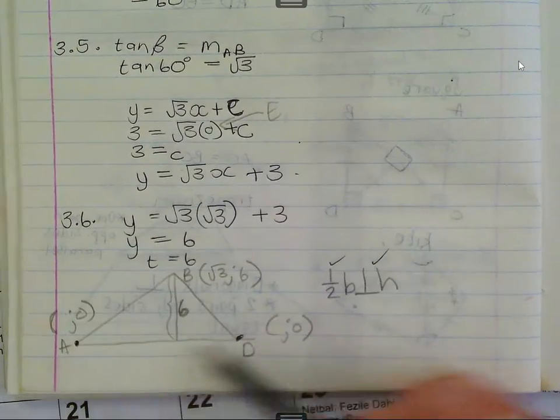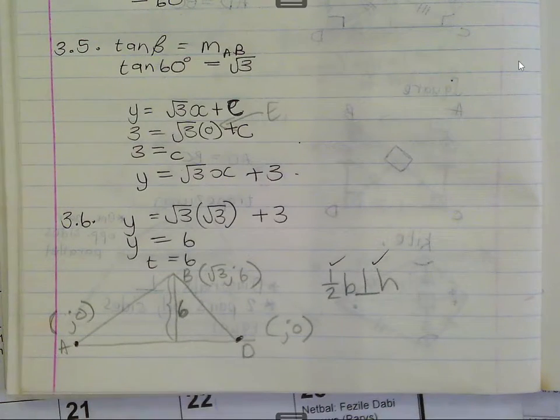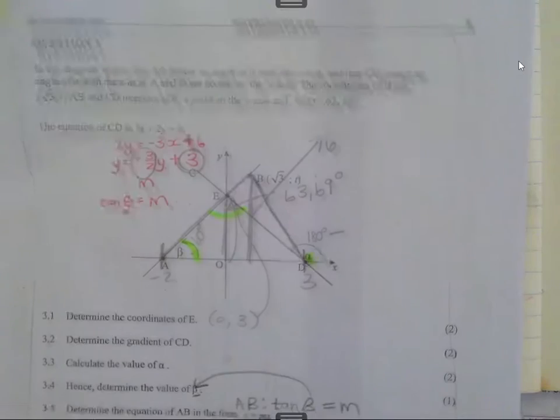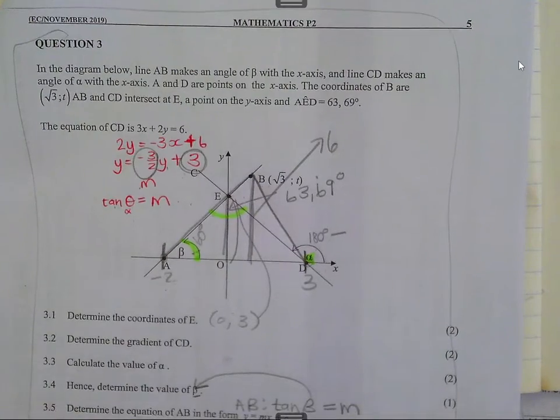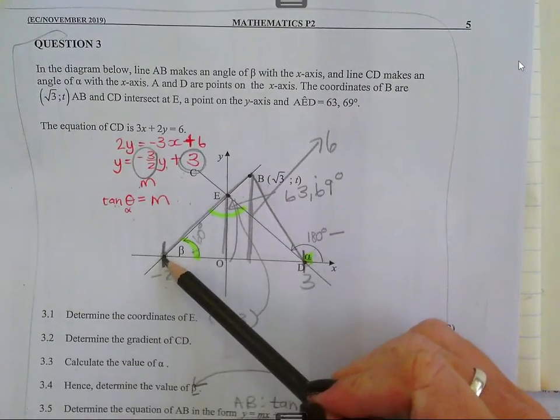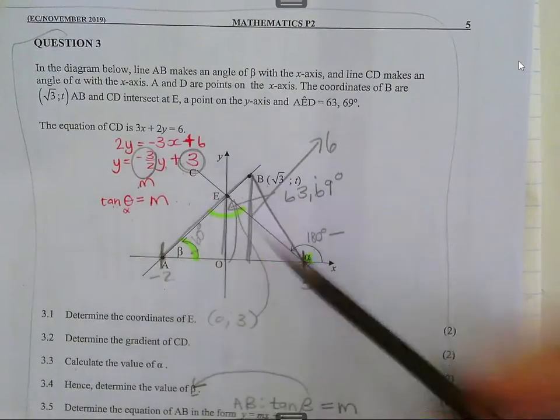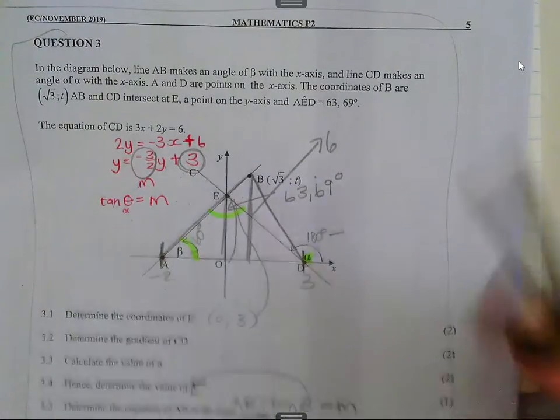I need the base. Now when I look at the base, and this is a very, very important thing for you to notice, A is an x-intercept. D is an x-intercept. Do you know what an intercept means? It means that the other one is 0. So because it's an x-intercept, the y is 0 there. Because it's an x-intercept of this line, the y is 0 there.